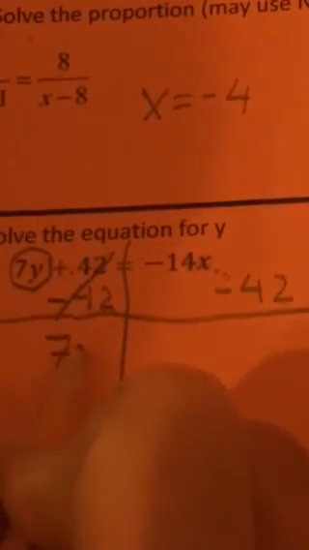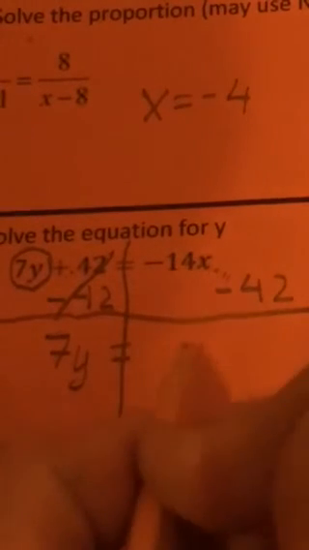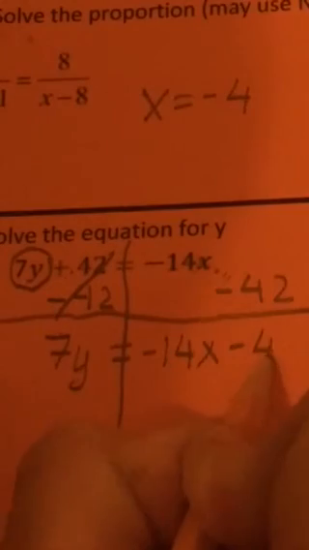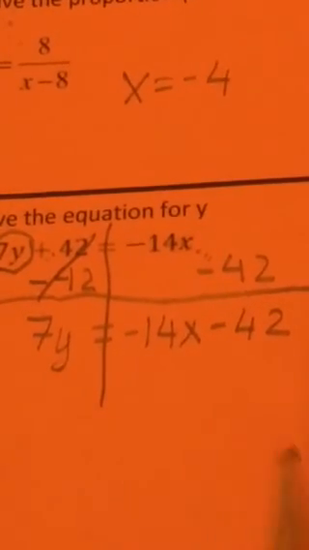So this is kind of like mating cows and chickens. You can't do that. Gosh, the poor chicken. So here, this cancels. 7y equals -14x minus 42.